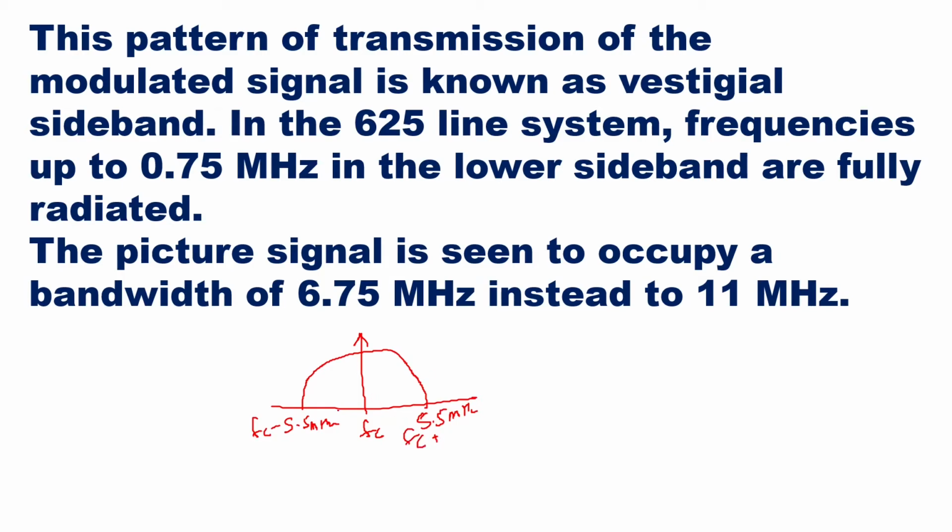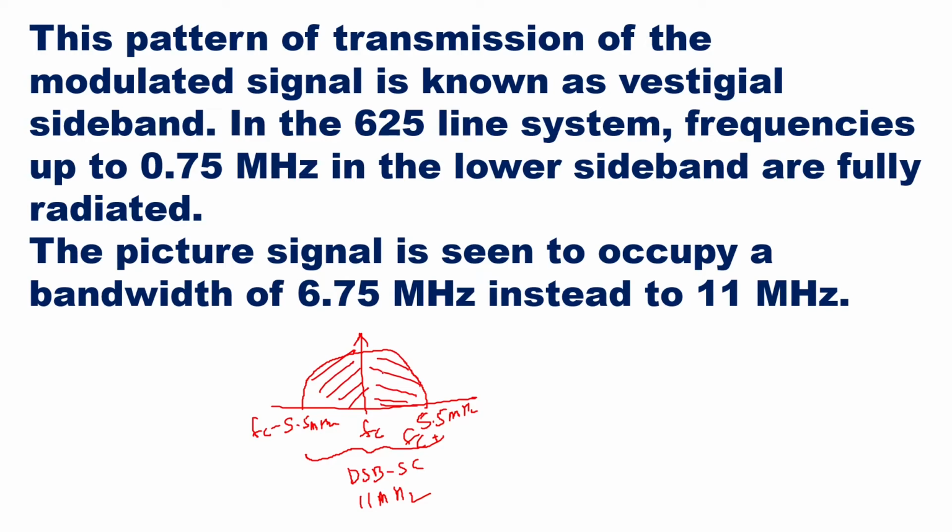If you transmit double sideband suppressed carrier, you are transmitting 5.5 plus 5.5, which is 11 megahertz, which is of no use because whatever information you have in the lower sideband, that same information you will have in the upper sideband.